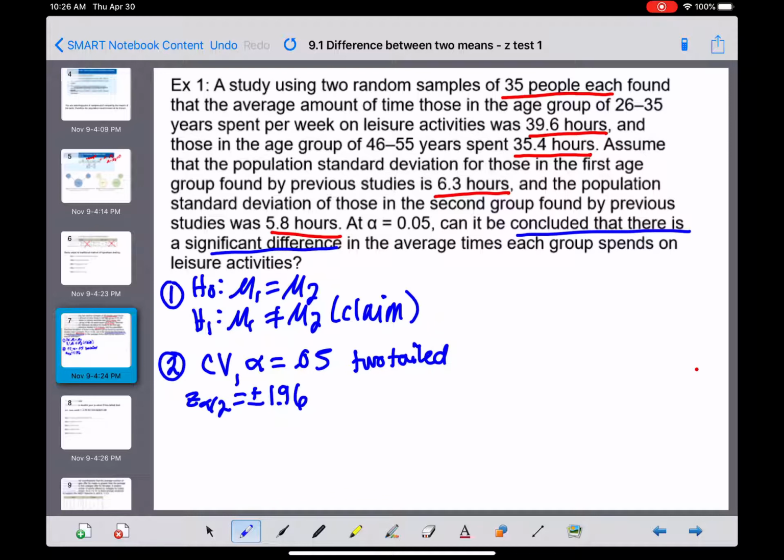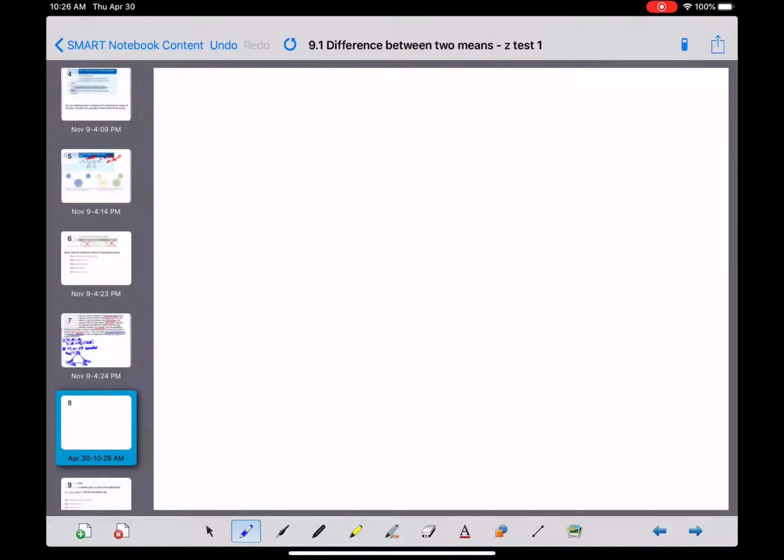Okay. Now I'll draw my little picture here. We have 1.96, the negative and the positive. So our rejection region is the tail. Okay, so for calculating my test statistic, I'm going to go to a new page.